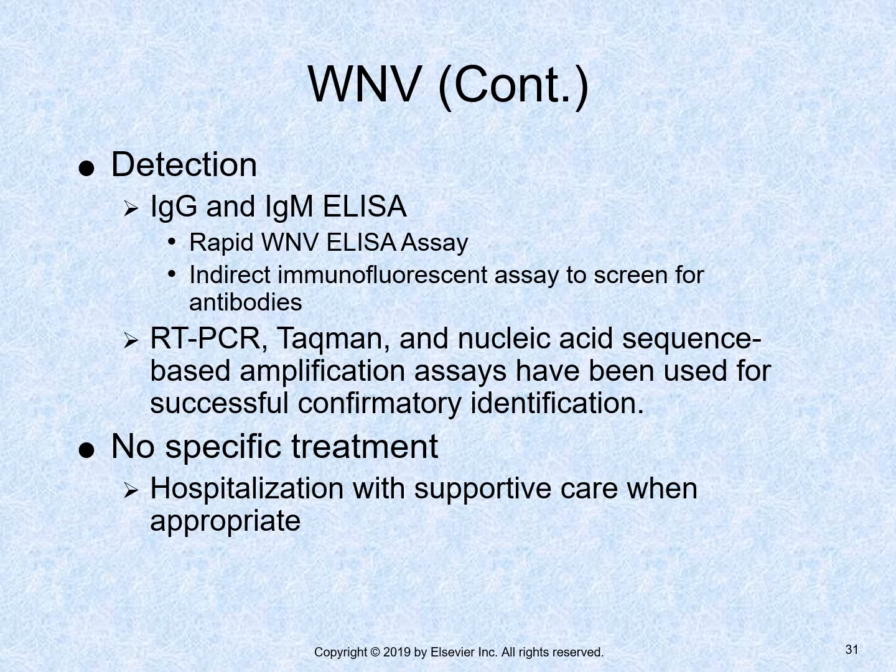A number of real-time PCR, TaqMan, and nucleic acid sequence-based amplification assays have been used for successful confirmation of West Nile virus. There is no specific treatment for the infection, but in severe cases that require hospitalization, supportive care and IV fluids, along with respiratory support, may be warranted.